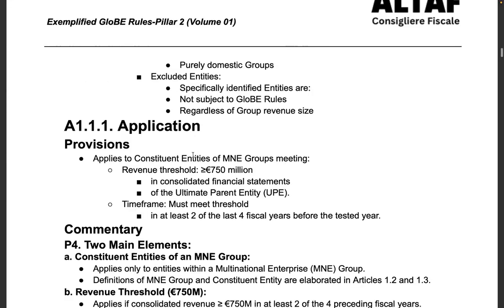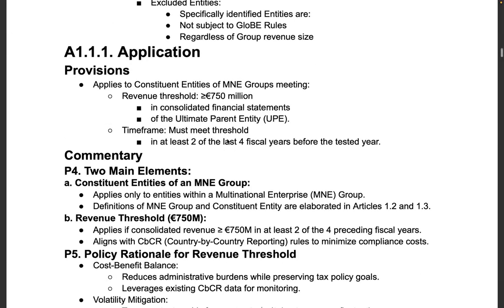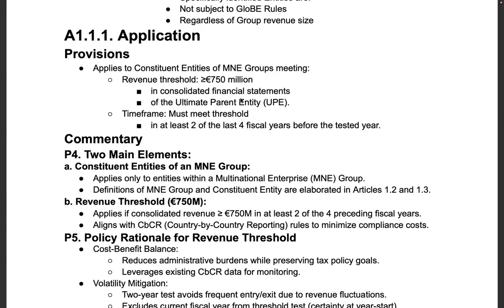Now, the subsidiary article of this 1.1, Article 1.1.1, addresses the application. I think we've discussed the 750 million euro revenue threshold in the annual consolidated financial statements of the ultimate parent entity. This expression is going to be used as well.